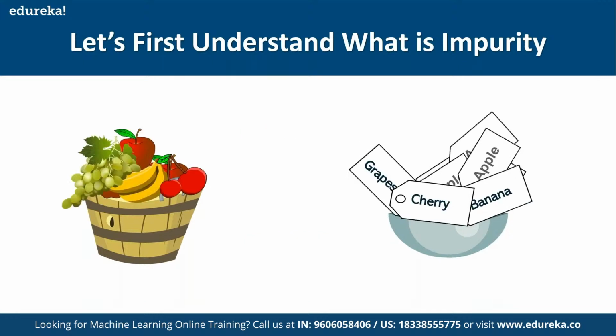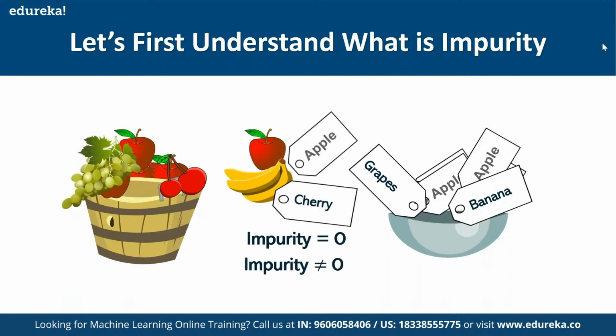On the other hand, let me flip the story. Imagine I have different fruits in the basket: apples, bananas, grapes, cherries and many other things, and you have many labels here. Try imagining you have to match each fruit with its label.